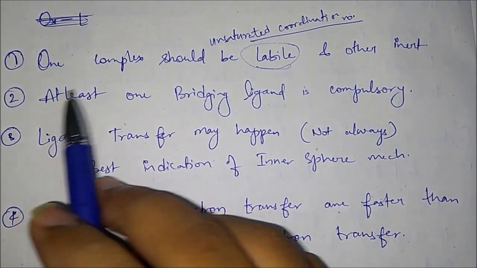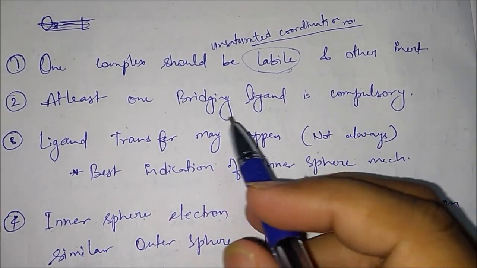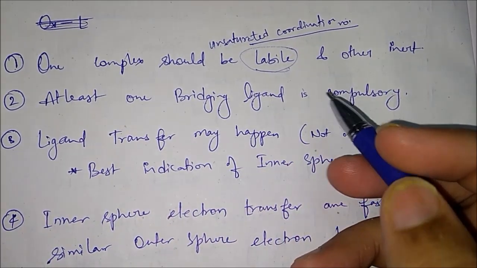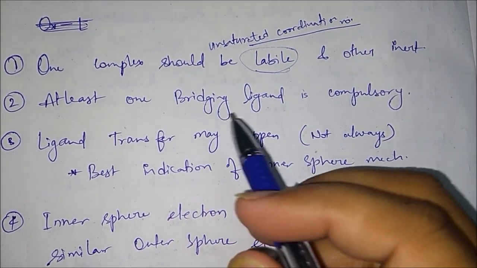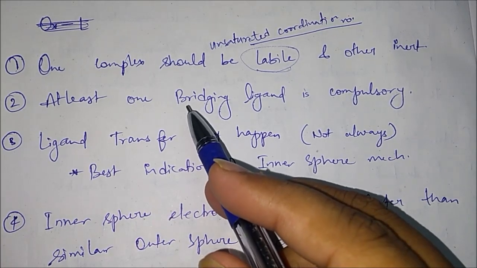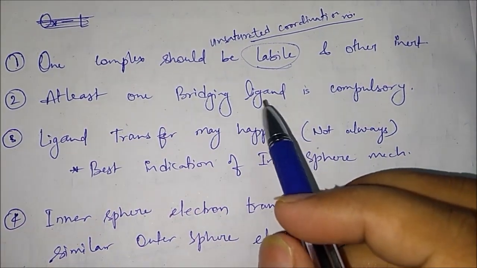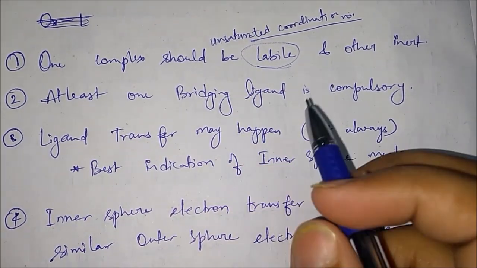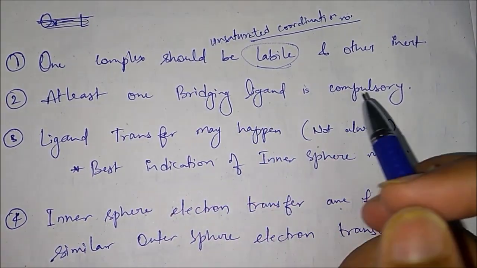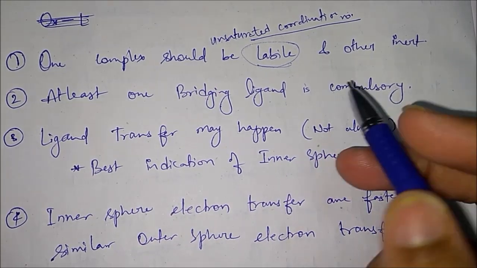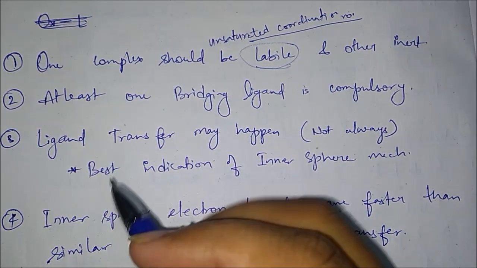Now the next point says that at least one bridging ligand is compulsory. In order to find out whether the mechanism is inner sphere or outer sphere, it can be easily differentiated by seeing a bridging ligand. If you see any bridging ligand, then you can think that the inner sphere mechanism is possible there.